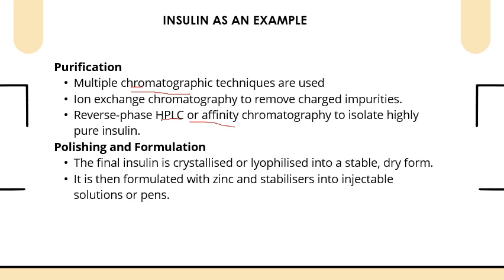For polishing, the final insulin is usually crystallized or lyophilized into a stable dry form. To lyophilize, we can use either spray drying or freeze drying. This is formulated with zinc and stabilizer into the injectable solution or the pens for injection.